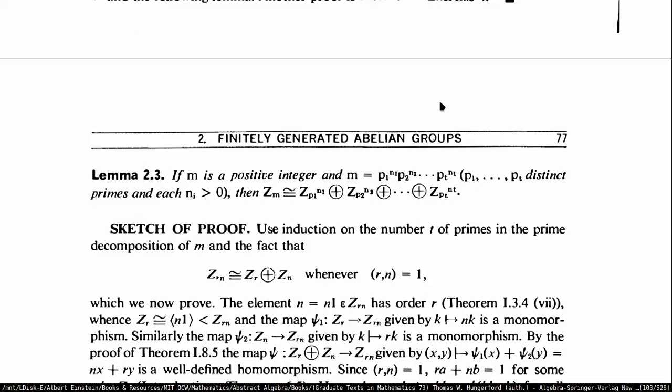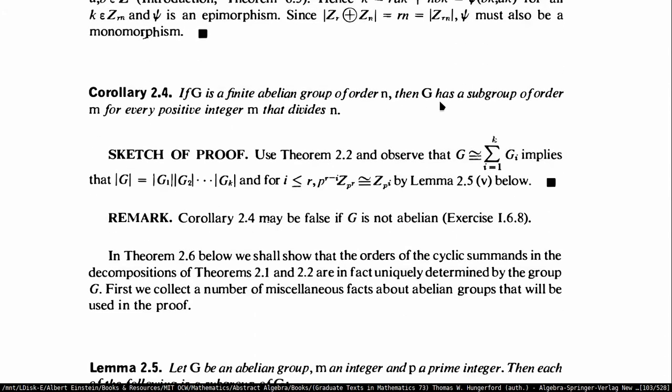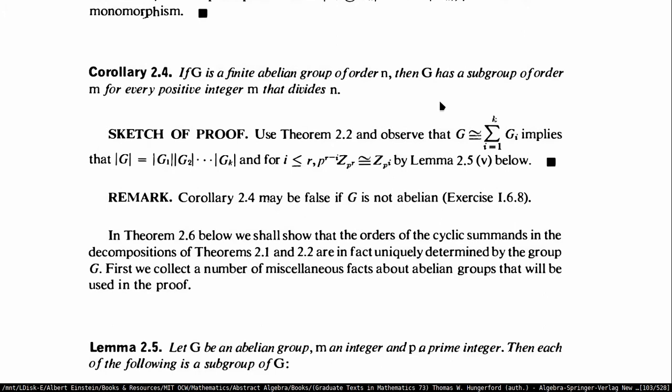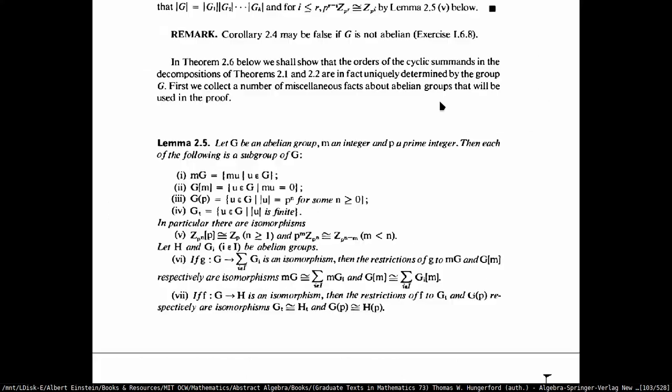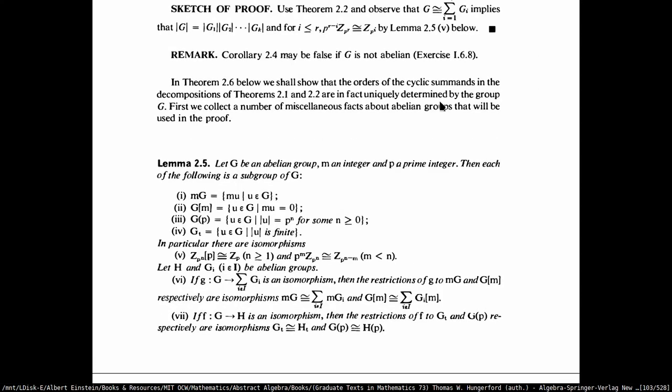Yeah, this is genuinely tough. Really tough. But the thing I like about Hungerford is that he's going to push us through this way of doing it, and then he's going to come back to those ideas again in modules. So at least you get to see the arguments twice. So maybe they'll make more sense the second time through.